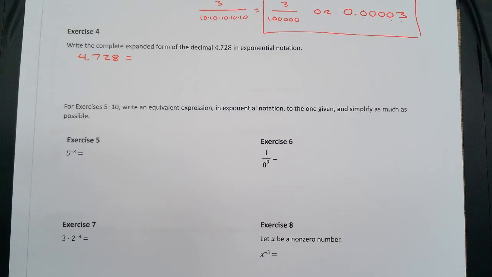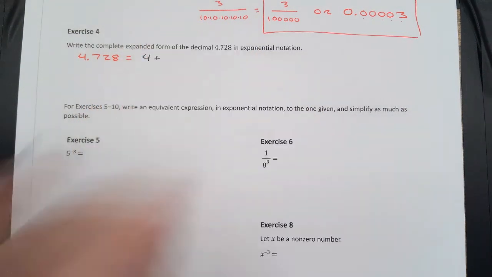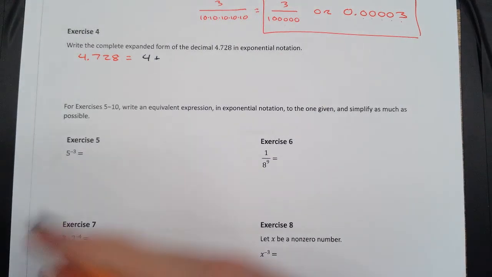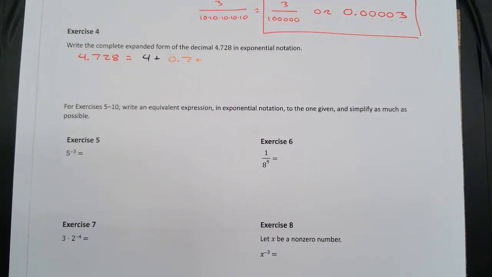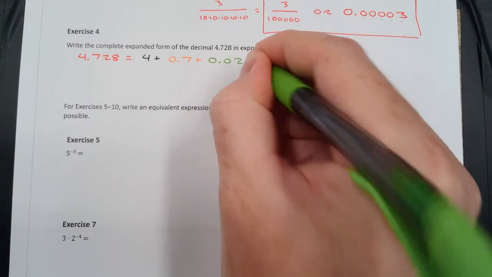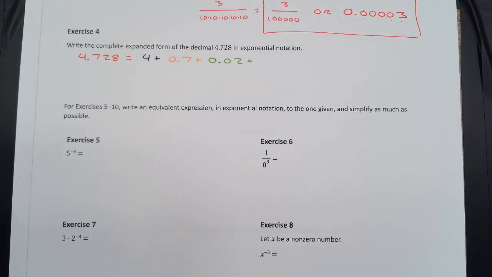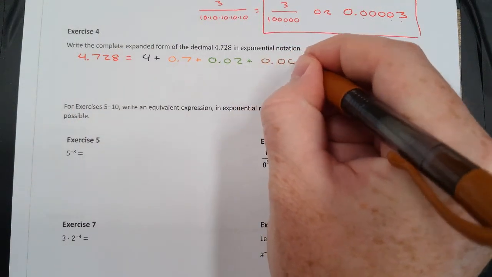Let's start by separating this out just like we did the other day. This is 4 plus 0.7 plus 2 hundredths, 0.02, plus 8 thousandths, which is 0.008.